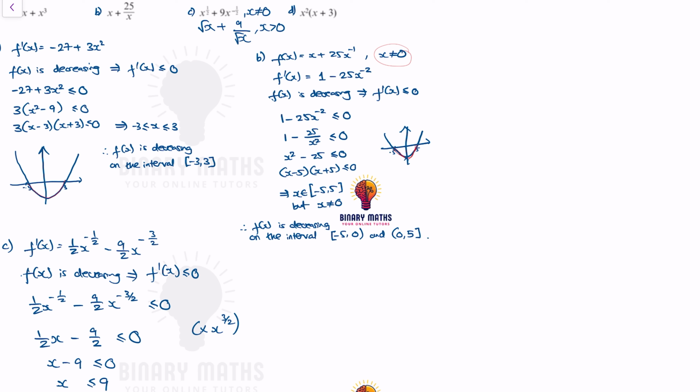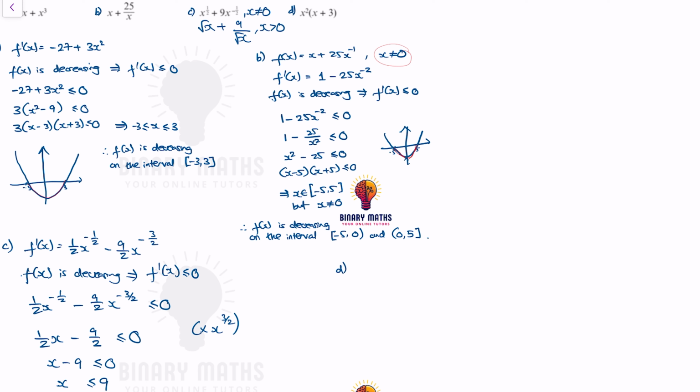So that means, therefore, x is between 0 and 9. So therefore, f of x is decreasing on the interval. So we don't want to include 0, but we do want to include 9. That is it. The last one is d.